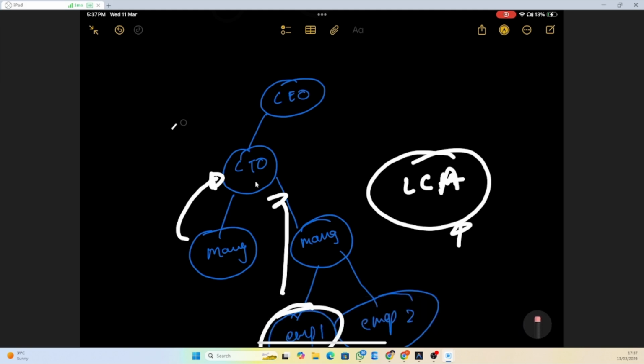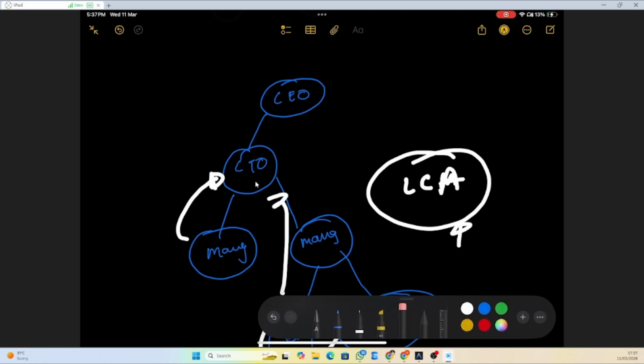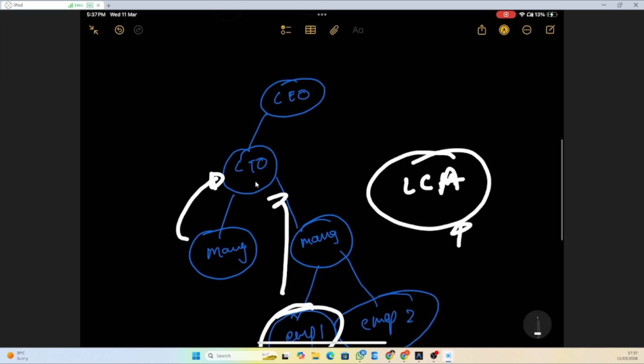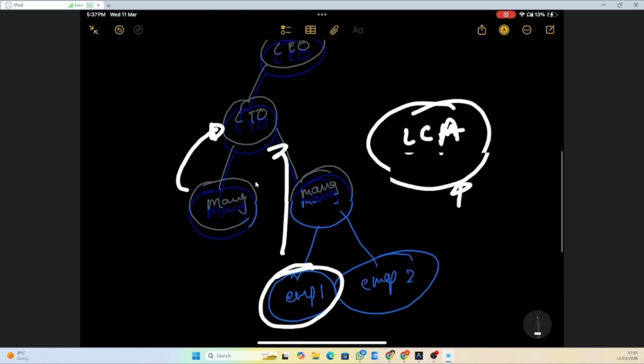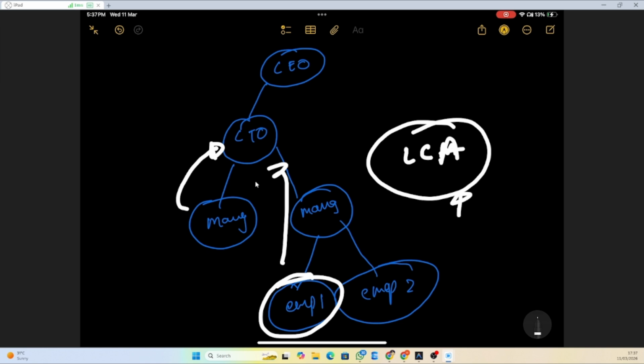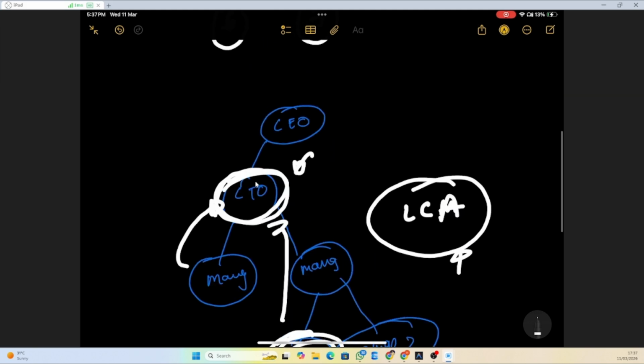Then how do you want to solve this? See, suppose, what is the lowest common ancestor for CTO and employee? You can call the node itself the lowest common ancestor. They have given a constraint for it.